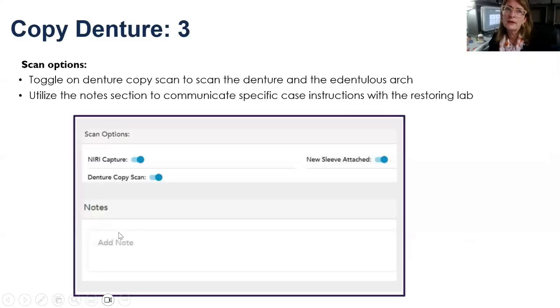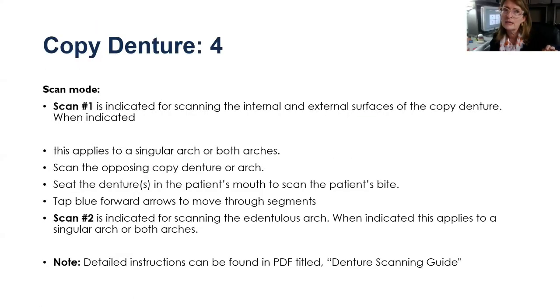Now, there is an option, you'll see here where it says copy denture scan. So there's an option to click on that button to highlight that for the copy denture. And in doing so, it's sort of activating a pre-treatment scan that I'm sure if you're iTero users, you're familiar with.